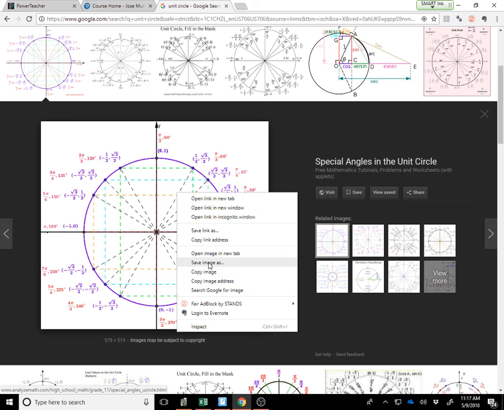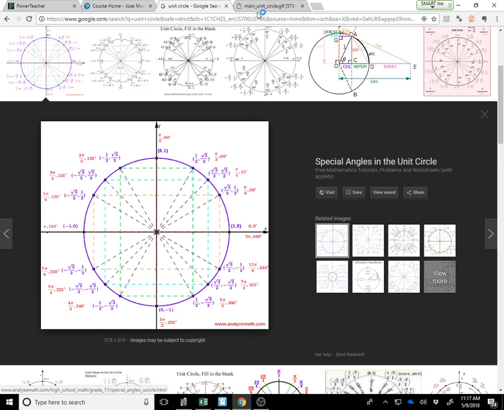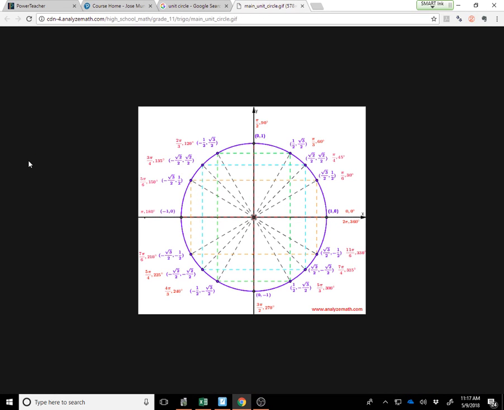But they're going to become dependent on it. That's all it is. It's radical 3 over 2, 1 over 2, radical 2 over 2, radical 2 over 2. It just gives all of them in a cheat sheet. The problem is, though, when you take your test on Tuesday, what are they going to do? I know what you're going to do. 45, 45, 90, 30, 60, 90.